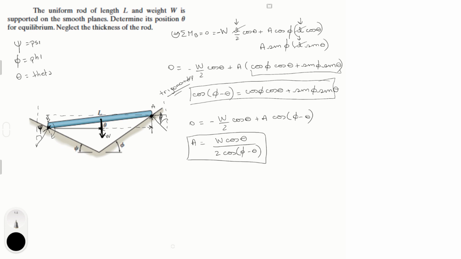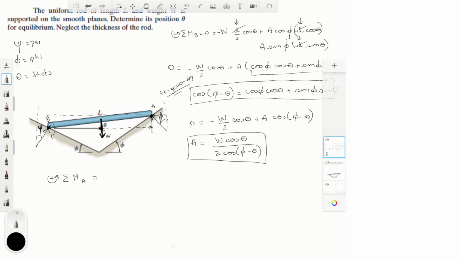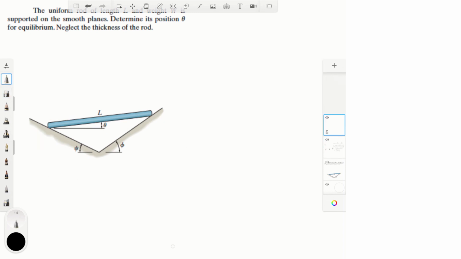So if we do the same thing, assuming counterclockwise is positive, sum of the moments around A, the other point, we're pretty much going to go through the same steps to be able to solve for B. So that's what I'm going to do. Again, from A, actually, I'm going to do this on a different page, that way we maintain the neatness.